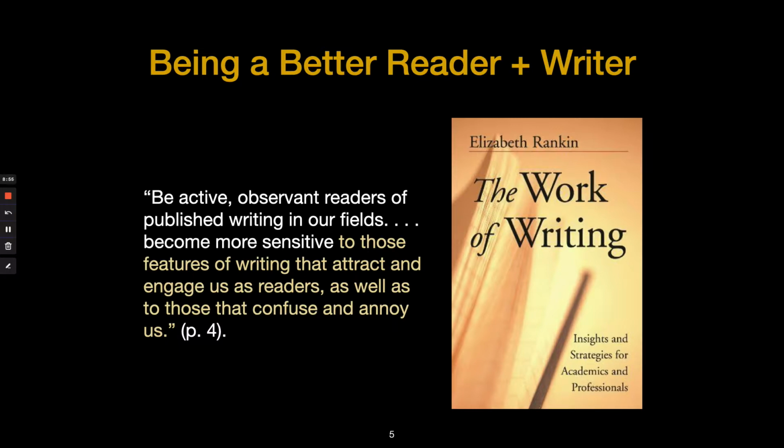She says features of writing. I'm going to talk about structures and functions, but we're going to try to identify things that are effective because they promote understanding. When we read, we can say, oh, this structure or this function helps me understand. I should do that more when I write. Or this function or this structure confuses me. I don't like it. I do not want to do that to my reader.